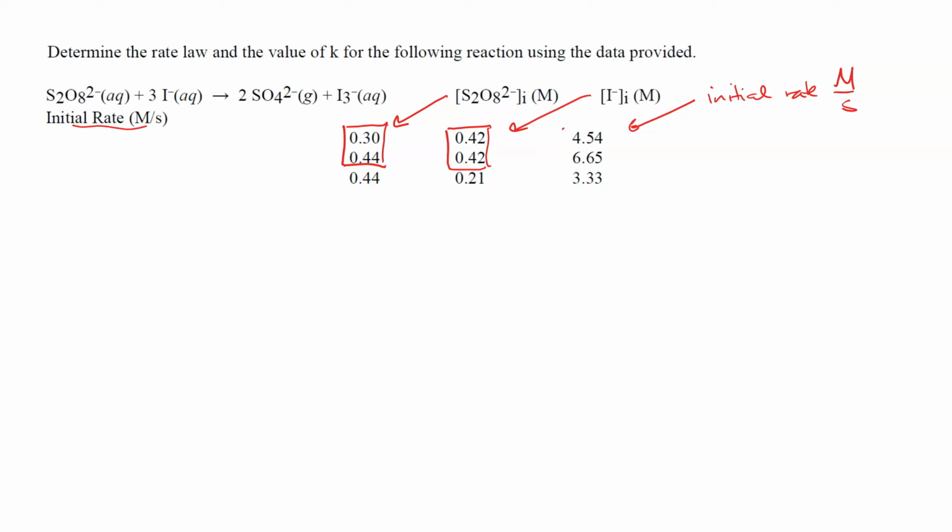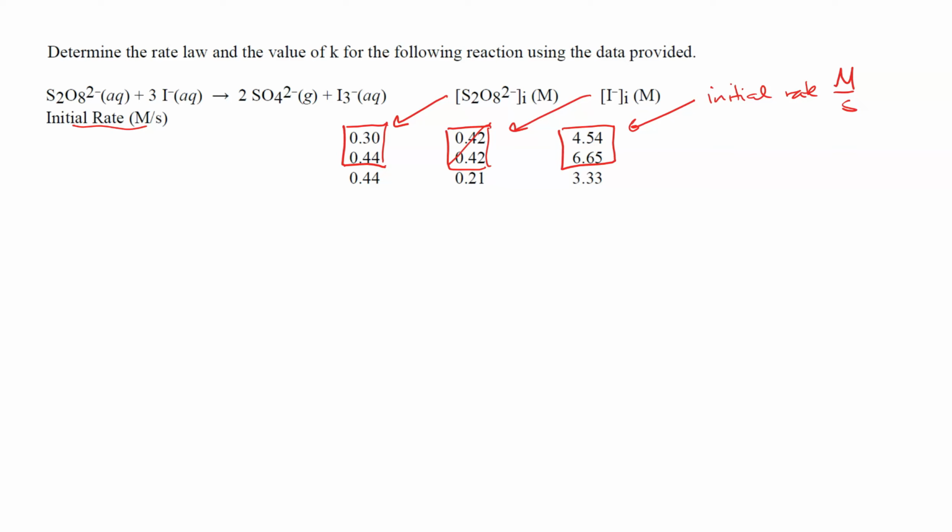And we have two initial rates of reaction for the set of reaction conditions. So we're not even going to have to look at this anymore. We're going to get to focus only on the concentration effects of S2O8 because there are no concentration effects associated with the iodide in this particular scenario.